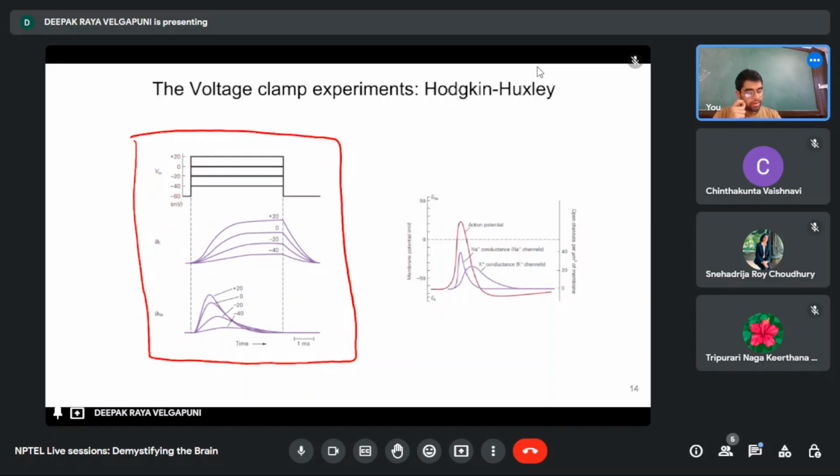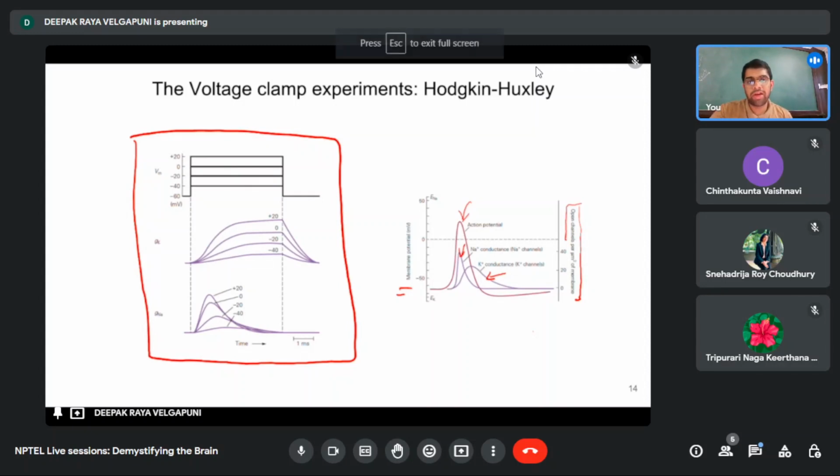These are the conductances, this is the Na plus conductance, and this is the action potential, the membrane potential. Conductance is a function of permeability, and it depends on the number of ion channels of a particular ion that are open at that time, so this axis is given as the number of open channels. This characterizes the form of the action potential and which stage of the action potential corresponds to which current.